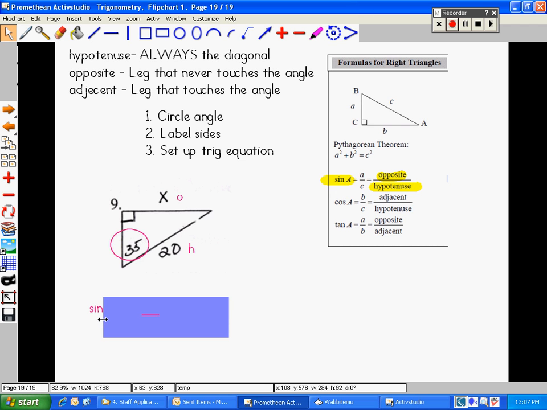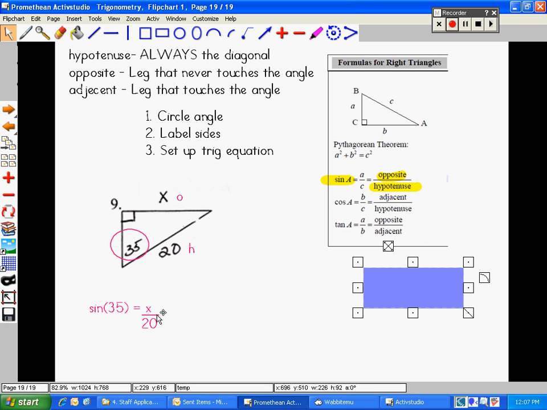So to set up the equation, I start with sine. Then I put the angle after the sine. So sine 35 degrees equals, now I set up a ratio of the opposite side divided by the hypotenuse. So there's my ratio, x divided by 20. Now, I need to get rid of the 20 so I can solve for x, get x by itself.